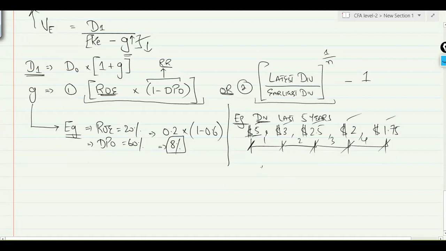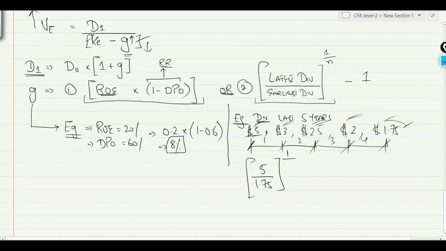So 5 is the latest dividend, divided by the earliest dividend paid, which is 1.75, to the power of 1 upon the number of years of difference between the earliest and latest dividends. Yes, they have given you 5 dividends, but if you count the difference of years between them, that is 4 years.